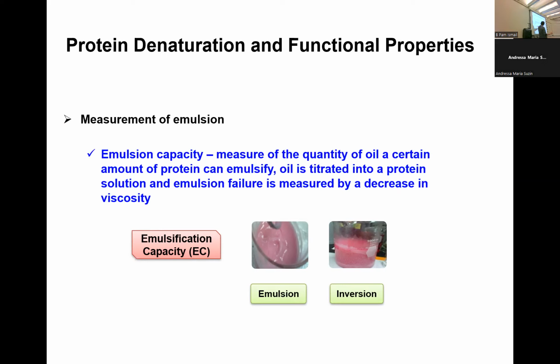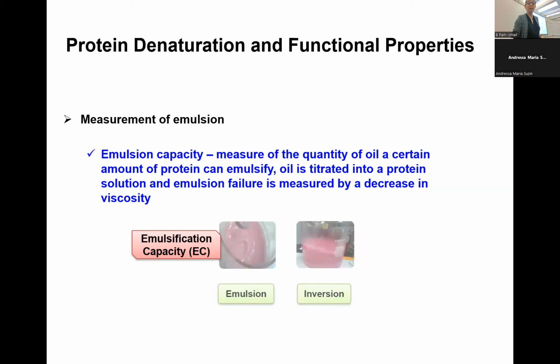You continue the titration, the oil keeps going in drop by drop until you have a phase separation. That means you cannot emulsify anymore, and the emulsion is broken. You stop the titration at this point, calculate how much oil you added, convert the volume to weight, and then calculate per gram of protein. So that's how you determine emulsification capacity.